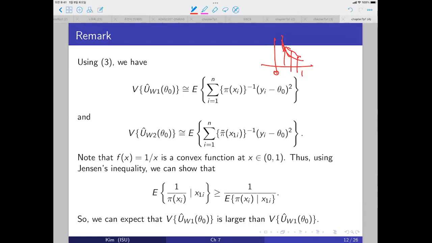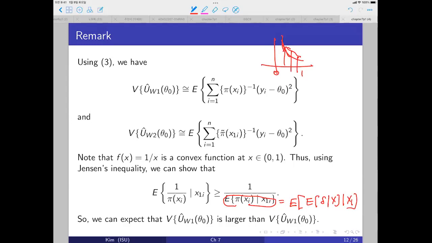So what is this, by the way? This guy is the expectation of delta equal to 1 of, so pi x itself is a conditional expectation of delta given x. And then we take the conditional expectation again on x1. So then we have this, right?